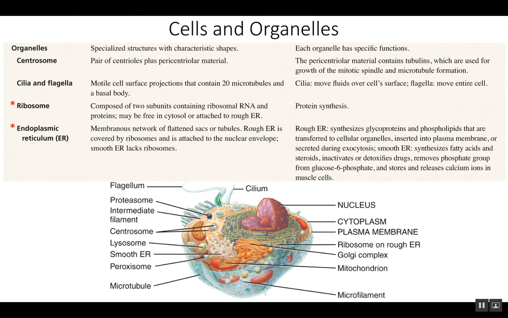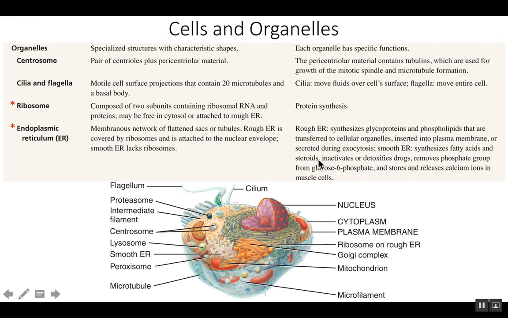The ER, you've probably heard of the ER. The ER is kind of made up of these membranous, flat organelles that surround the nucleus, and there are two types. There's a smooth and a rough ER. The rough ER is involved in producing proteins, whereas the smooth ER is more important in producing fatty acids and steroids.